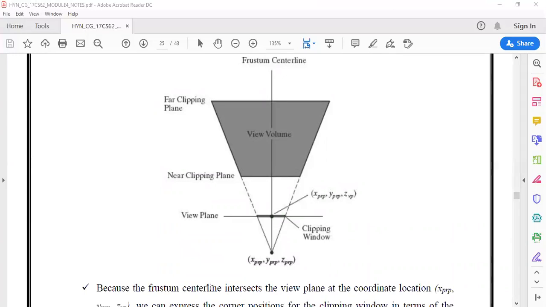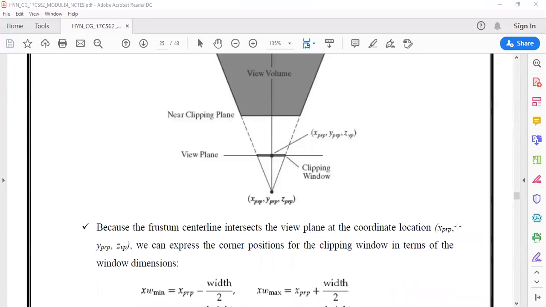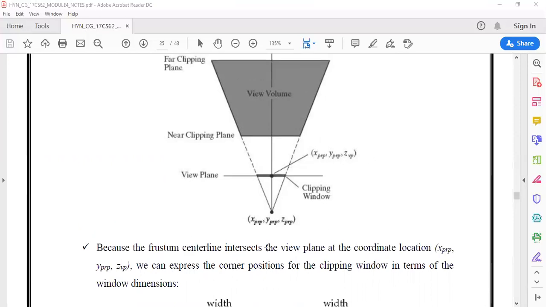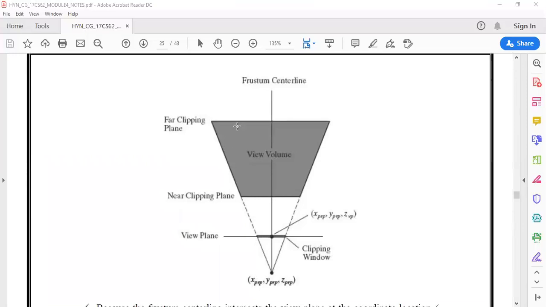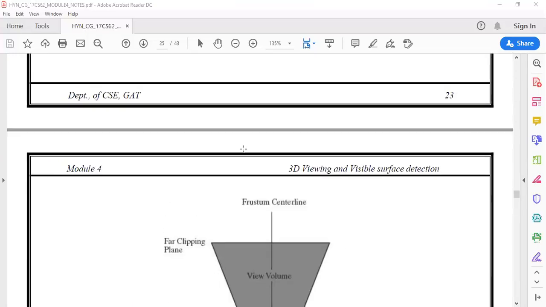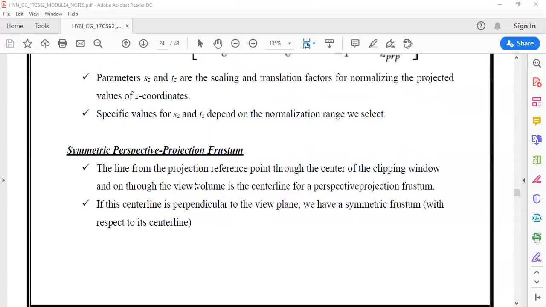Because the frustum center line intersects the view plane at the coordinate location xprp, yprp, and zvp, where xprp is the x projection reference point, yprp the y projection reference point, and zvp the z view plane, and since it is perpendicular, the frustum becomes symmetrical to the view plane. That is why it is called symmetric perspective projection.